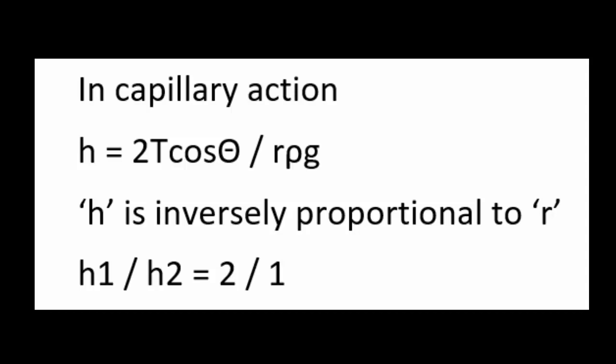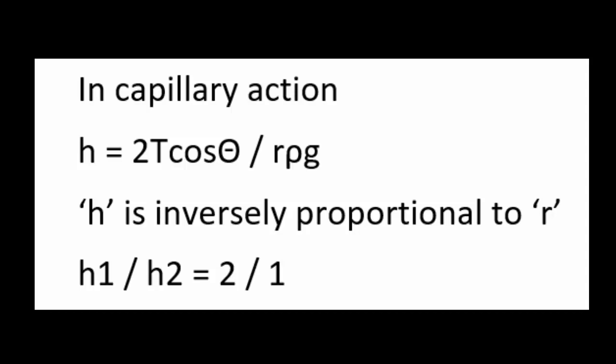The height through which the liquid level rises or falls down is given by 2 times surface tension into cos of theta upon radius of the capillary tube, density of the liquid, and acceleration due to gravity.